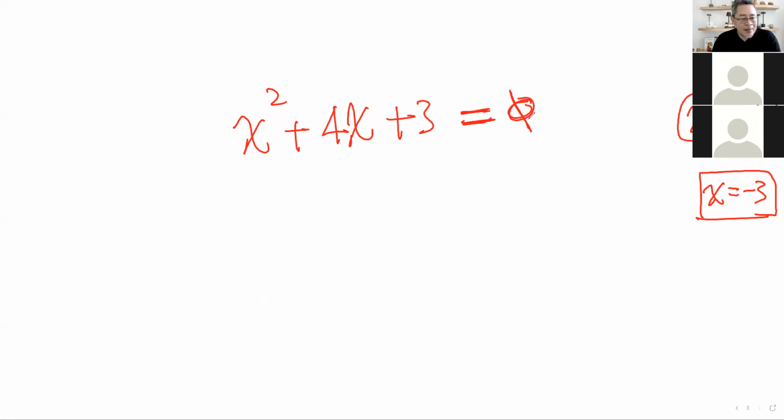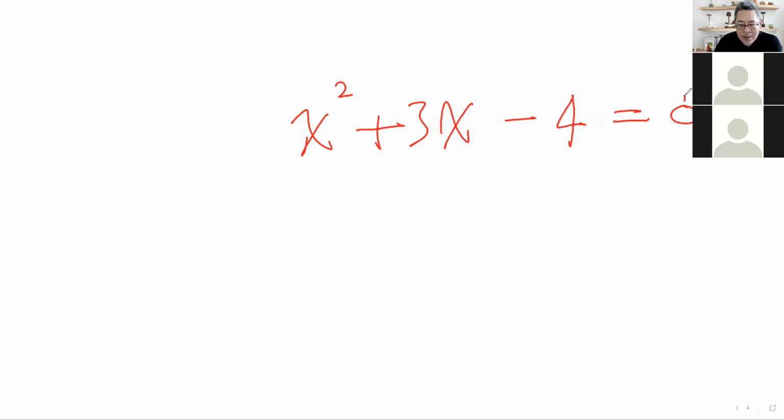Okay. All right. Let's look at a couple of these. Say x squared plus 3x minus 4 equal to 0. Now, this is going to be a bit tricky because we're going to involve a little bit of fractions.